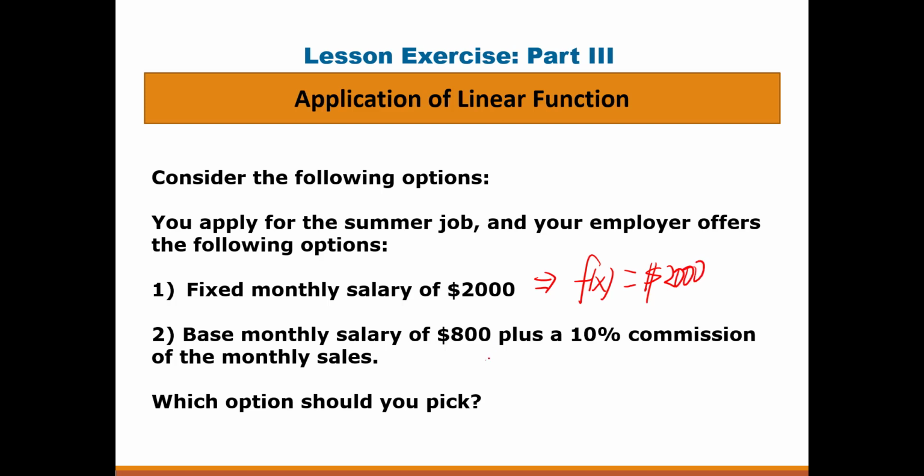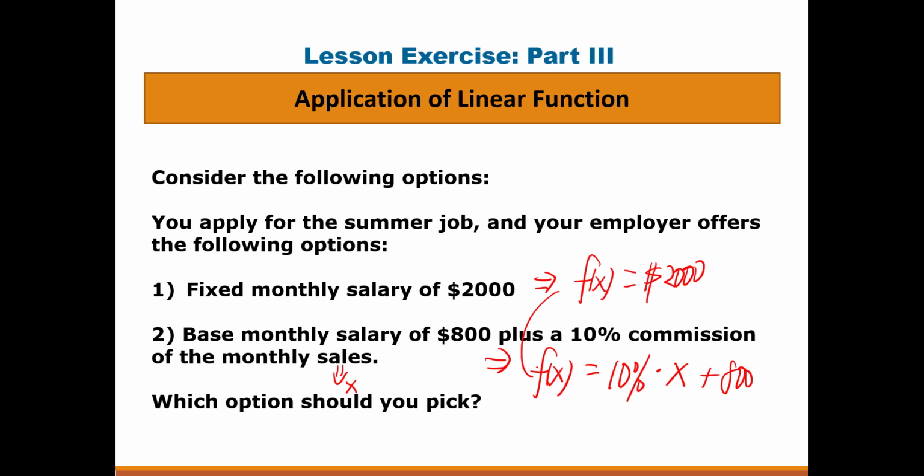For the second option, the monthly salary includes 2 parts: 10% commission, 10% times sales, where we assume monthly sales as x, adding the $800 base. Those are 2 functions we are utilizing to show the monthly salary in the linear model.